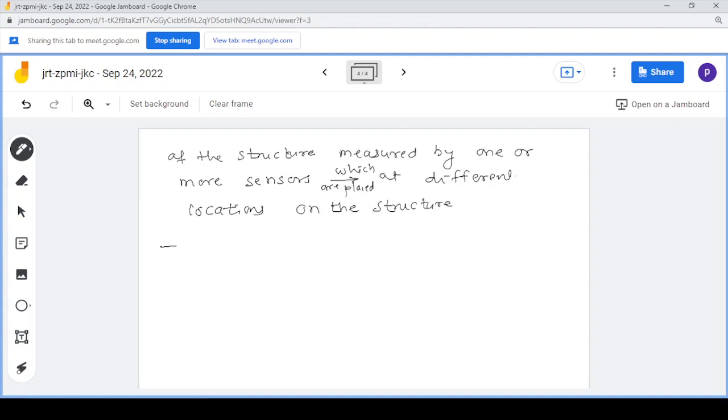So how do we do successful active vibration control?